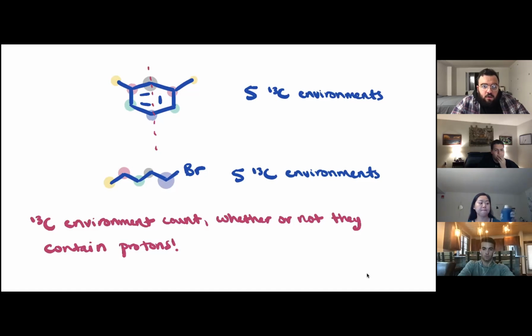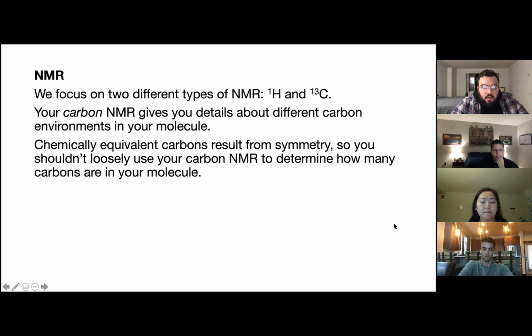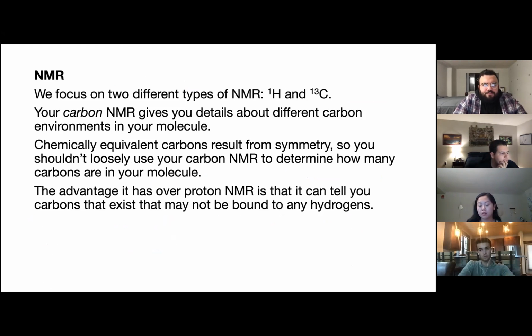Let's shift back over to PowerPoint. So chemically equivalent carbons will result, as I said, from symmetry. So you shouldn't loosely just use your carbon NMR to determine how many carbons are in your molecule. Again, you have the molecular formula for a reason. If you have, let's say, 8 carbons in your structure, but you only have 5 carbon peaks, that means there is bound to be some symmetry in there somewhere.